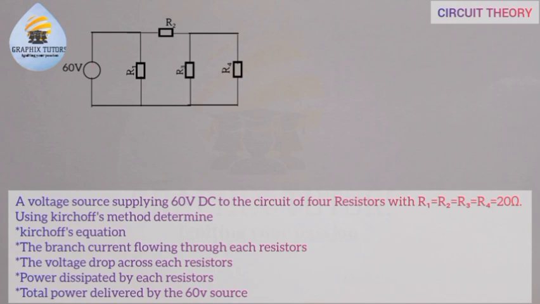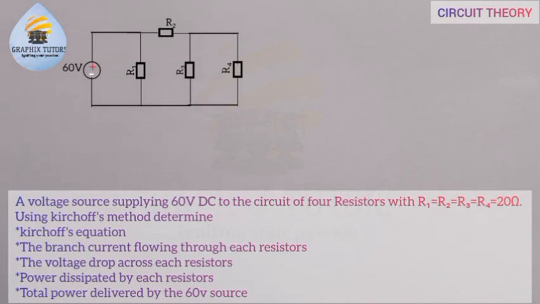Using Kirchhoff's method, determine the Kirchhoff equation, the branch current flowing through each resistor, the voltage drop across the resistor, the power dissipated by each resistor, and the total power delivered by the source.